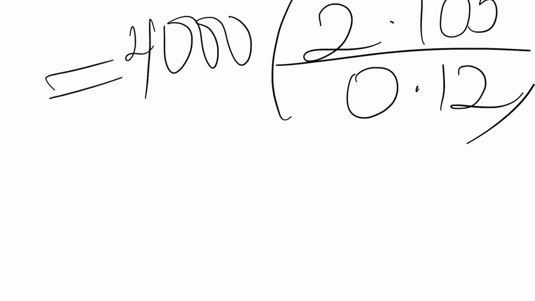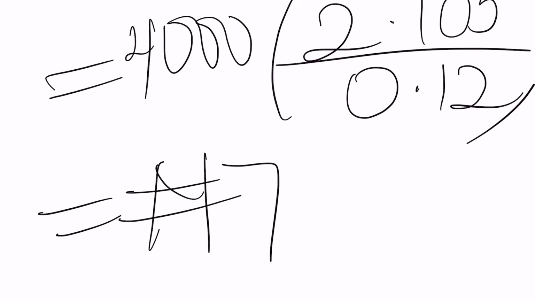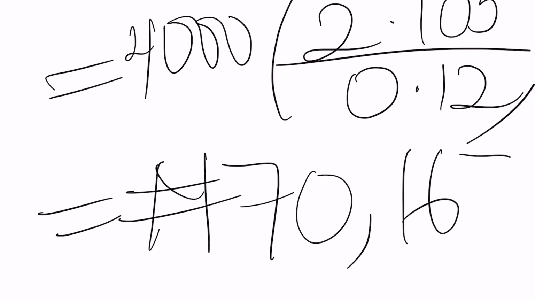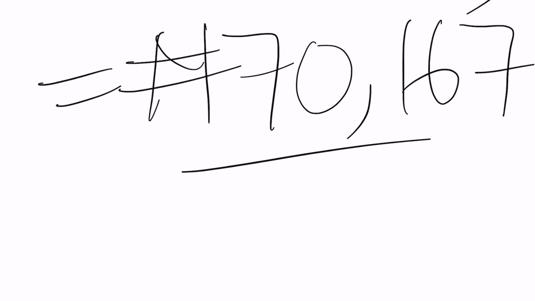And solving this, we have it to be 70,167. So this is the amount of annuity after 10 years, 70,167. Now, the third example.